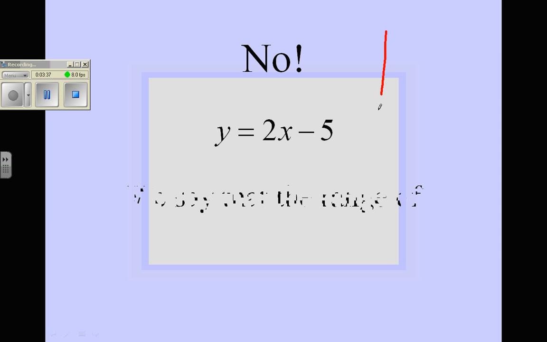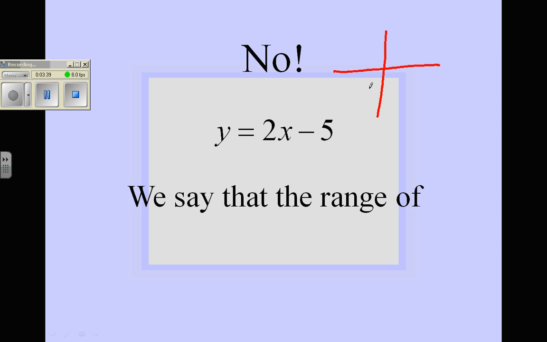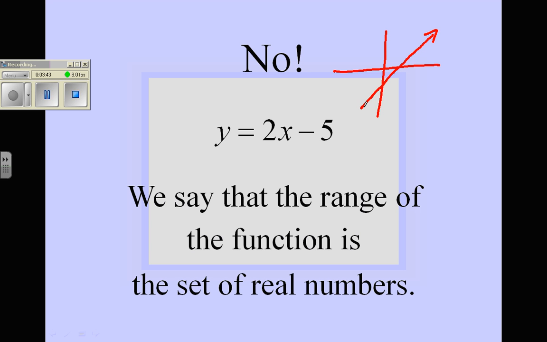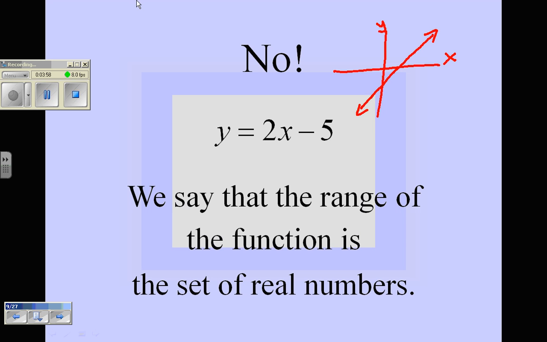So for example, I wanted to draw a picture. If you have a straight line that looks like this, it keeps going up and up and up forever, and down and down and down forever. Here's your y and here's your x. This straight line covers every single possible x value, but it also covers every single possible y value. So not only is the domain the set of all real numbers, but the range is also the set of all real numbers.